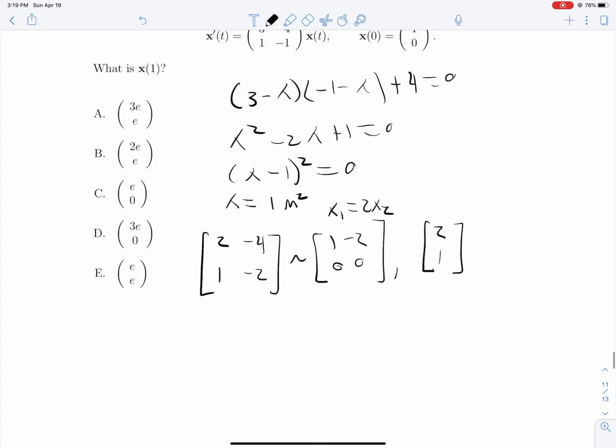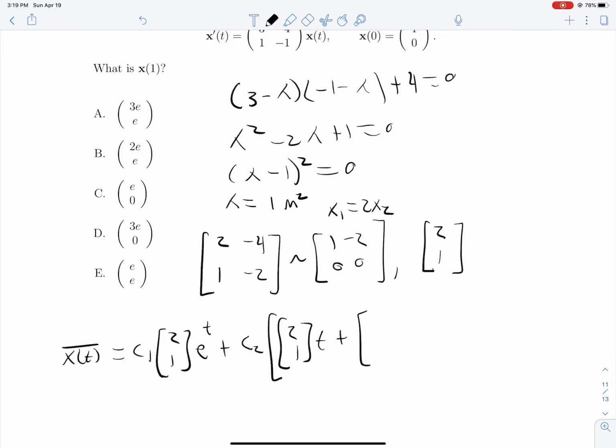So we can start setting up our solution, x of t, as c1 v1 e to the lambda 1 t, lambda being 1, so e to the t, plus c2 times v1 multiplied by t, plus our generalized eigenvector, times e to the same lambda t.